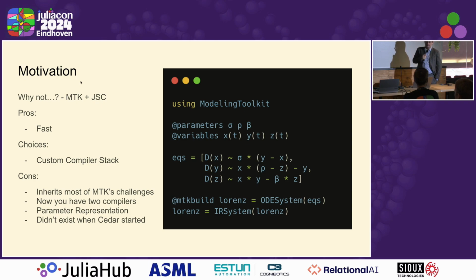So if you have thousands, tens of thousands of transistors, your models easily have millions of parameters that you may want to manage, which is not a domain that, at least at the moment, works well in MTK. Also, Julia Sim compiler is newer than DAE compiler. So even if I wanted to use it, I couldn't have because it didn't exist. Okay.